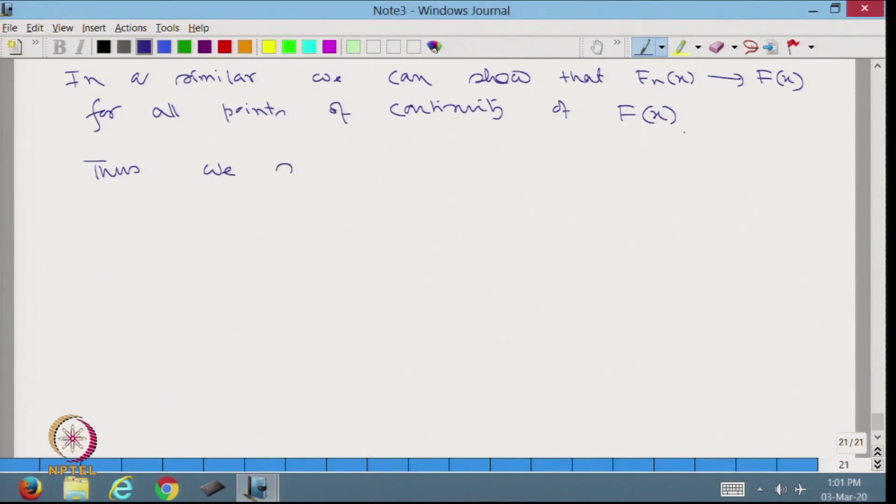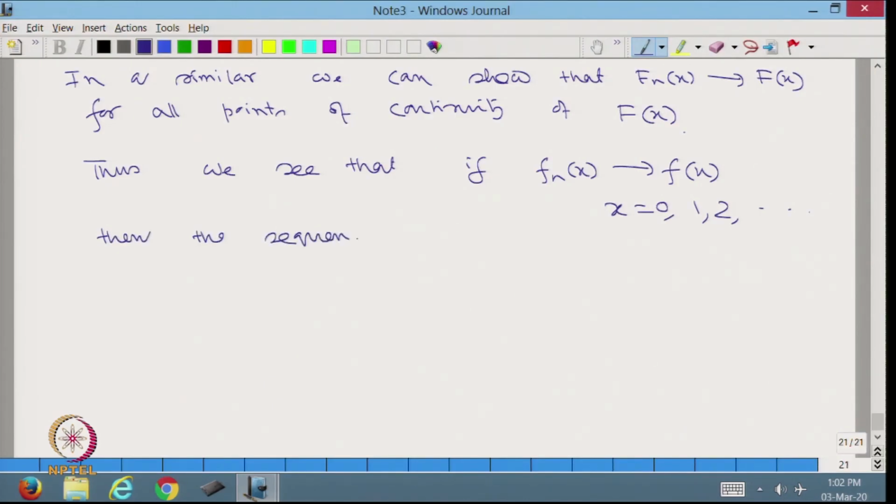Thus, we see that if F_n(x) converges to F(x), for x equal to 0, 1, 2, etc., then this sequence of random variables X_n converges in law to the random variable X with PMF equal to f.